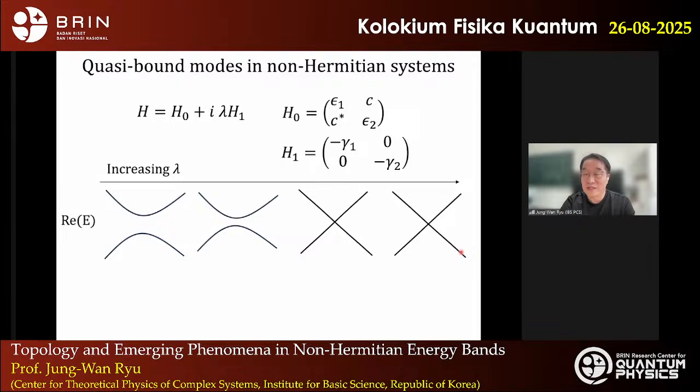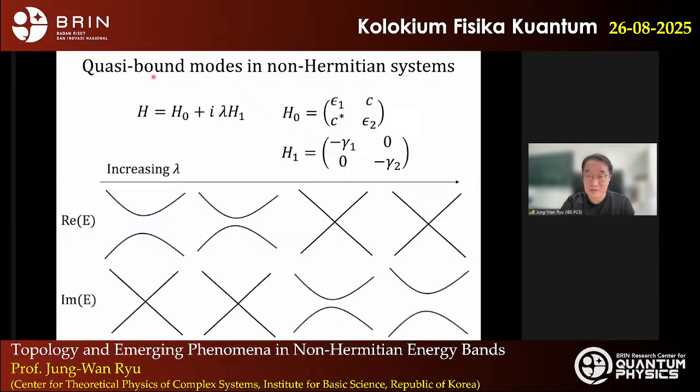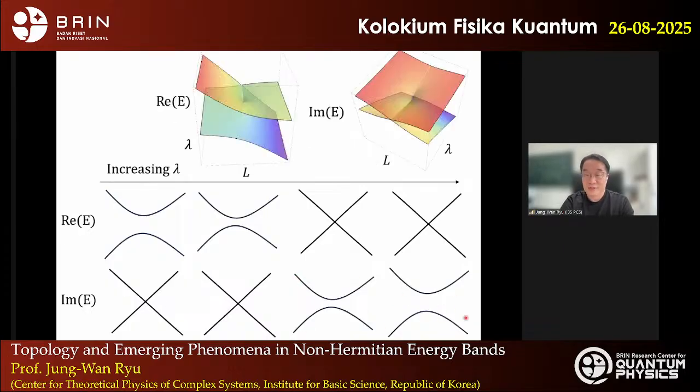If we think of the imaginary part of the energy, because this is a non-Hermitian Hamiltonian, when lambda equals 0, the imaginary part equals 0, but when lambda is small, they make the level crossing. After some critical value, they change into the avoided level crossing like this. We can construct a three-dimensional figure to understand the structure.